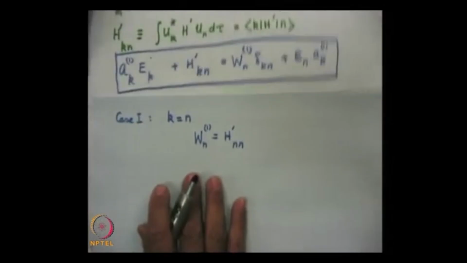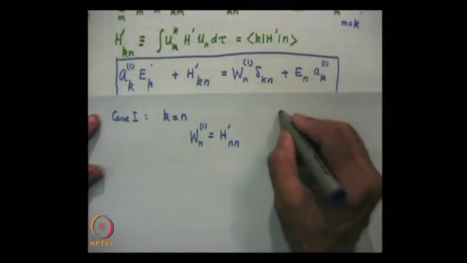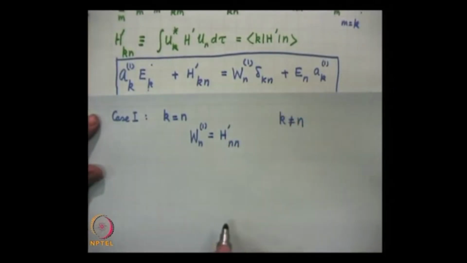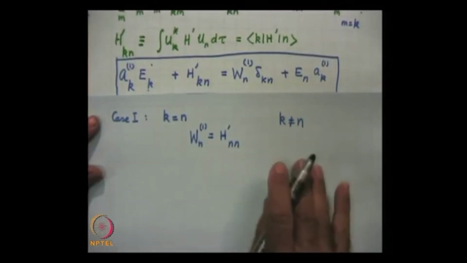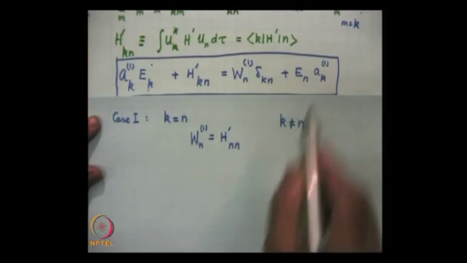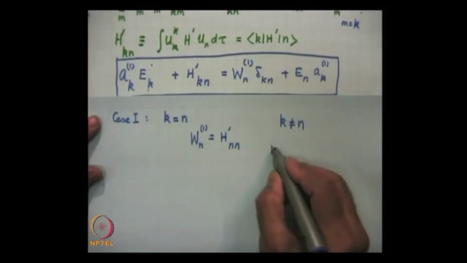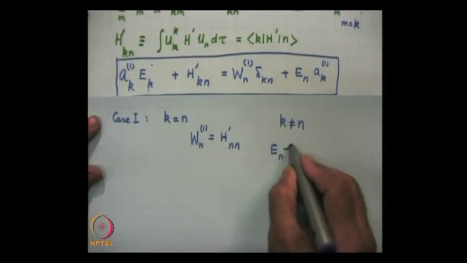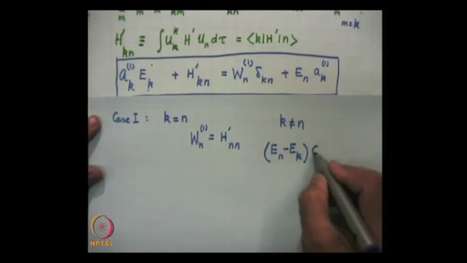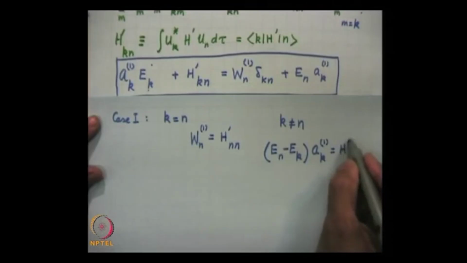And when k is not equal to n, then this is 0, and if I take this to that side, you will have E n minus E k into A k 1 is equal to H prime k n.